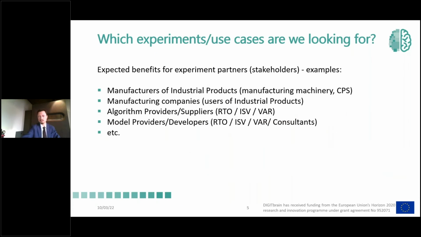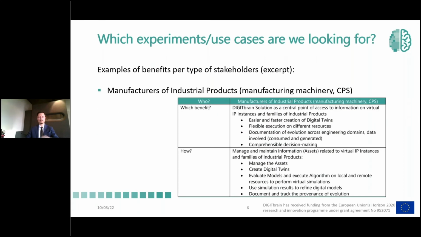So we are also expecting you to point out expected benefits from the experiments for each individual stakeholder, for each individual experiment partner in your proposal. And you have examples of partners, and you find them in a more elaborate way also in the technical document, where we brainstormed potential benefits for these individual partners. In this document, which is part of the documentation, you have seen this link already.